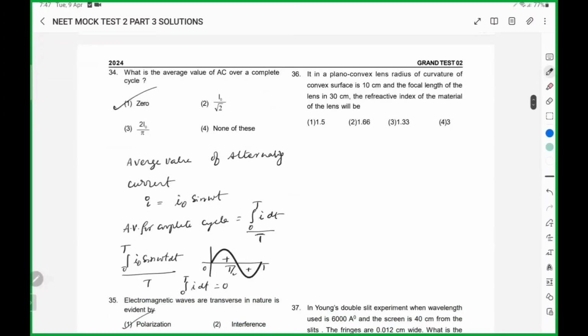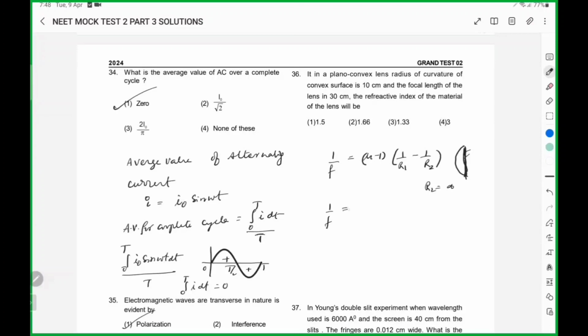Here for a plano convex lens, lens maker formula 1 by f equal to mu minus 1 into 1 by r1 minus 1 by r2. For a plano convex lens, for this plane surface, the radius is infinity.